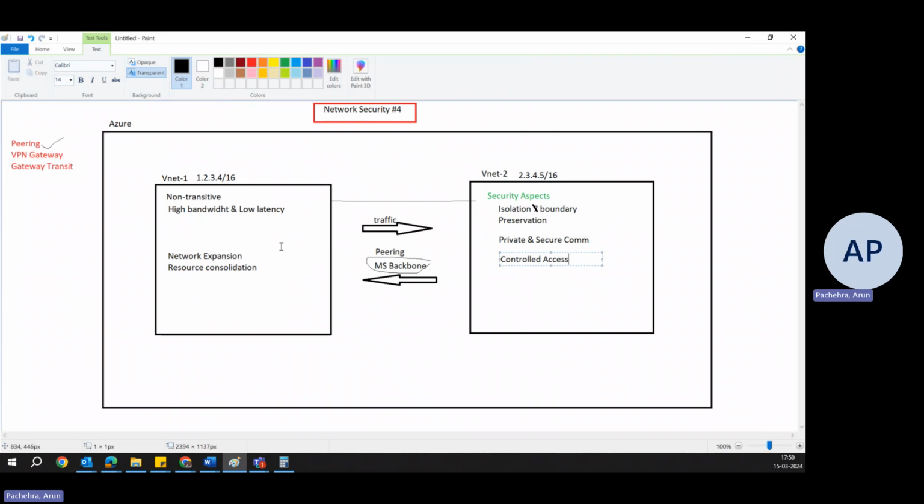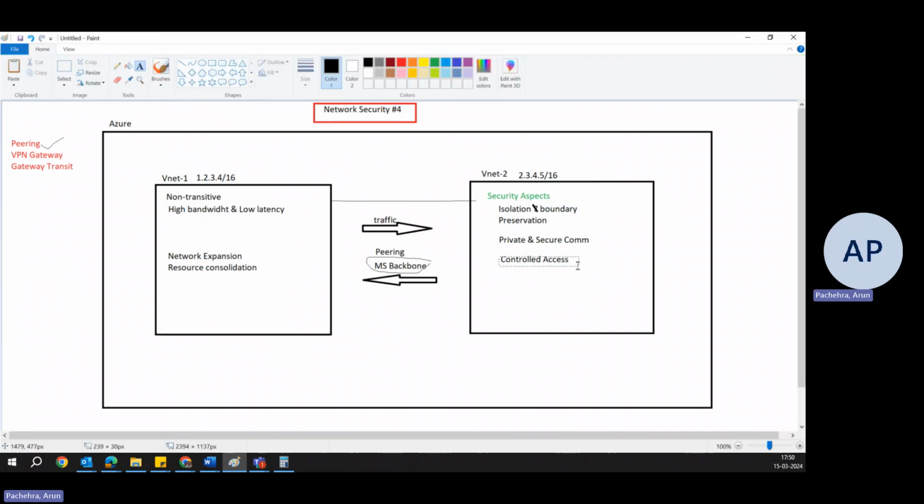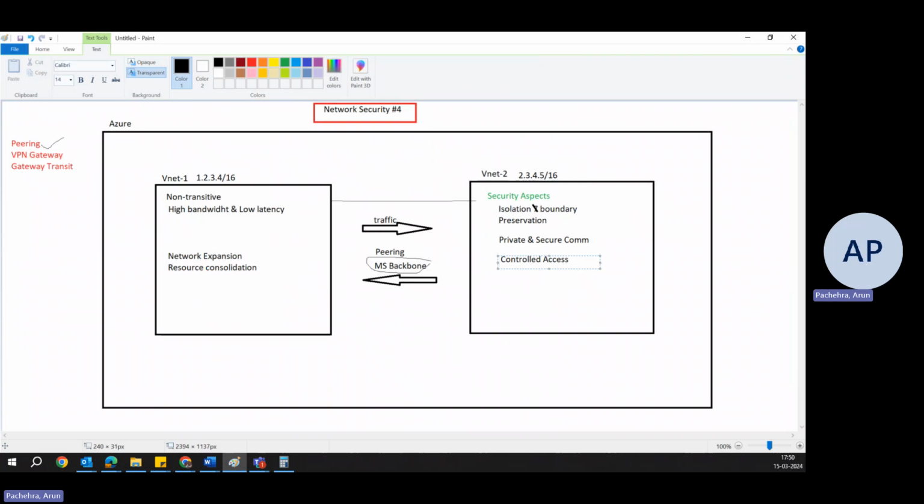Despite the direct connectivity that peering provides, with the boundary preserved, administrators still have the ability to restrict traffic between the peered networks. What it simply means is that through the use of NSGs and firewall rules, administrators can define granular access policies that govern the flow of traffic between peered VNets.